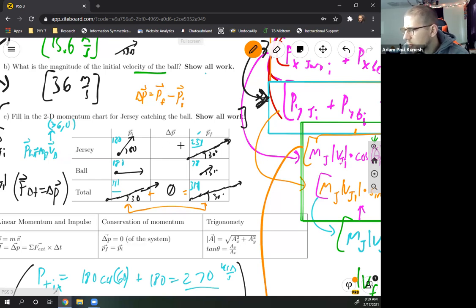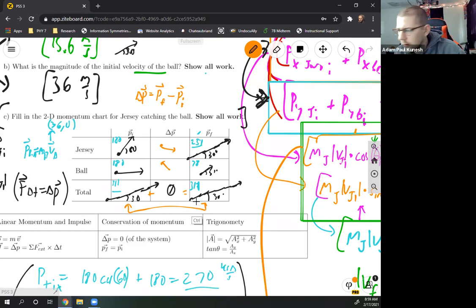So my guess for delta P, just looking at it, adding head to tail like this, is that delta P should point down to the right, something like that, for Jersey. And for the ball, it's going to point left and up. So again, what I'm doing is a kind of mental head to tail addition of these vectors.